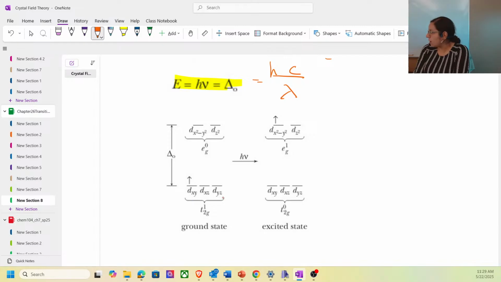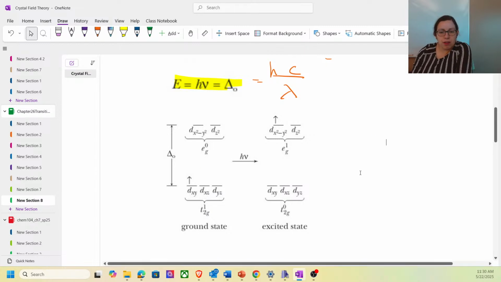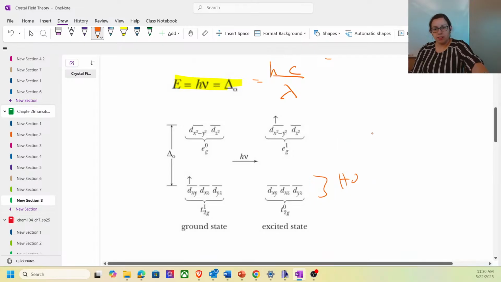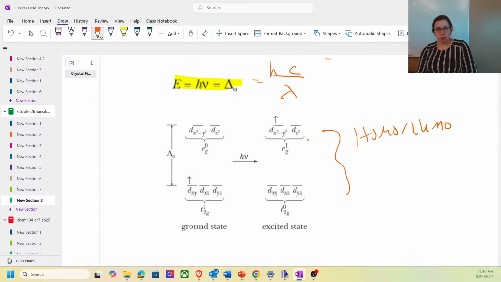This is our ground state. And again, we're focusing on this set of orbitals in particular because this is going to tend to be essentially the HOMO-LUMO. Not always, but somewhere around here.